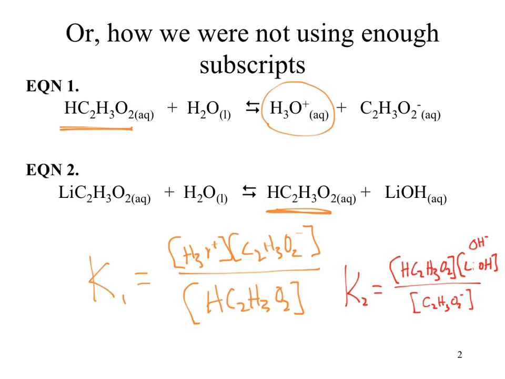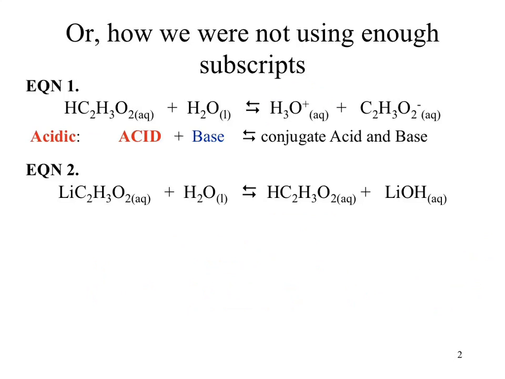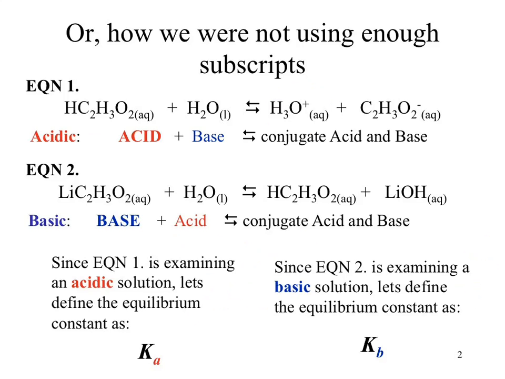So instead of referring to these as equilibrium expressions with respect to acetate or acetic acid, because that can be a bit of a mouthful, we'll refer to the overall solution. Is it acidic? Is it basic? When we go through that first one, we said it was acidic. The next one, it's basic. So instead of referring to them as those larger K expressions, we call them Ka and Kb.